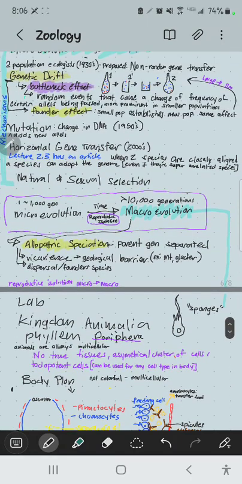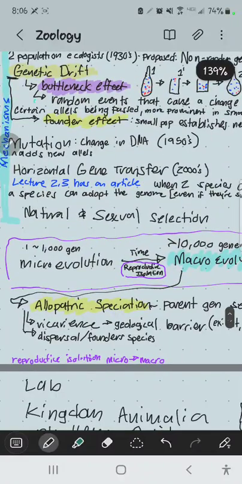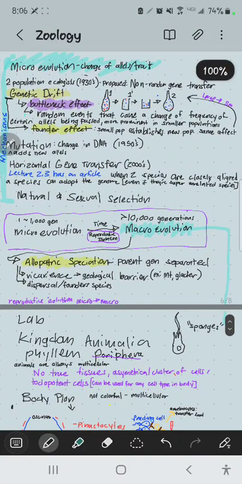Macroevolution, which we're going to touch on more this week and up to the test, is speciation, basically the allopatric speciation that we've talked about so far. In order to think about what speciation means, like how do we know a new species has appeared, we have to have a definition of what a species is.